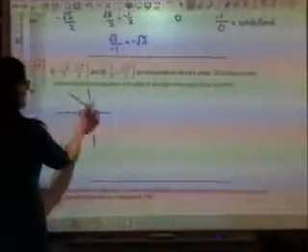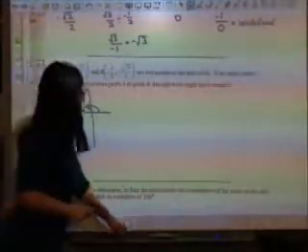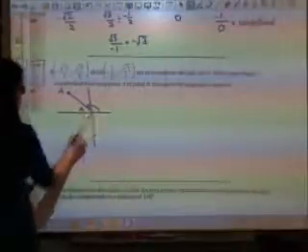So angle A is in quadrant 2. And angle B would be in quadrant 3. So this would be point A, and then point B would be down here.